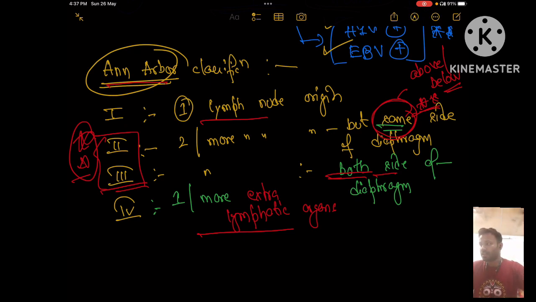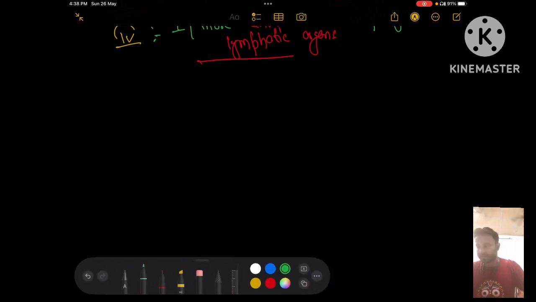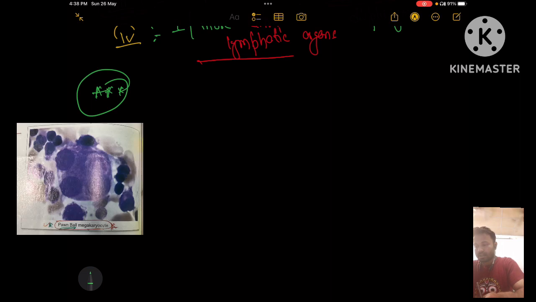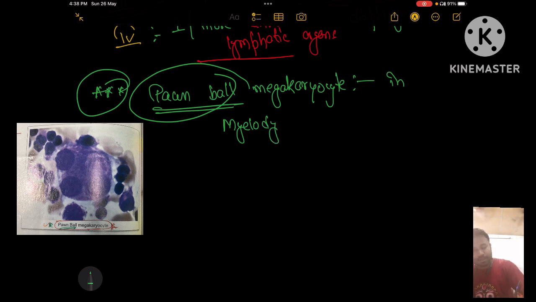Next important point is we can see pond ball megakaryocytes in myelodysplastic syndrome.